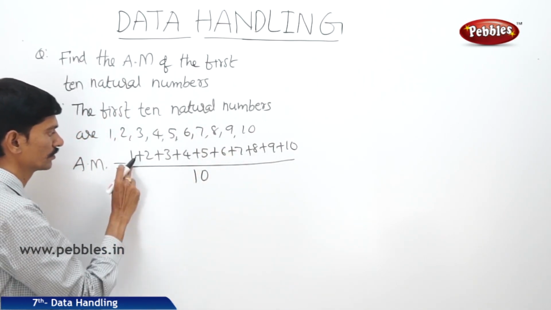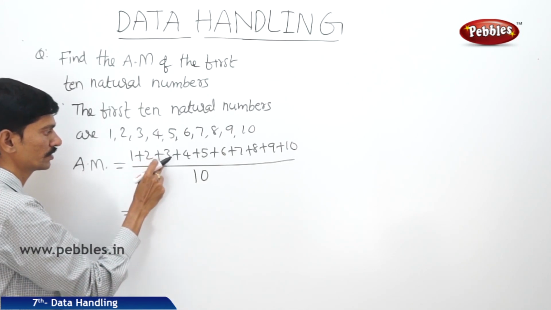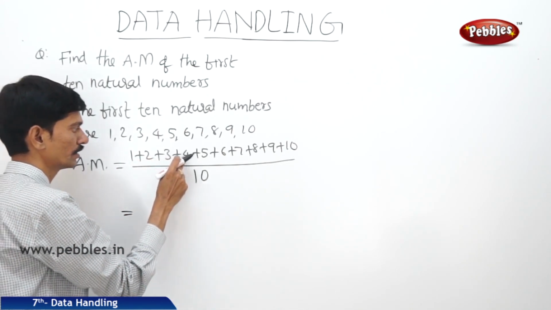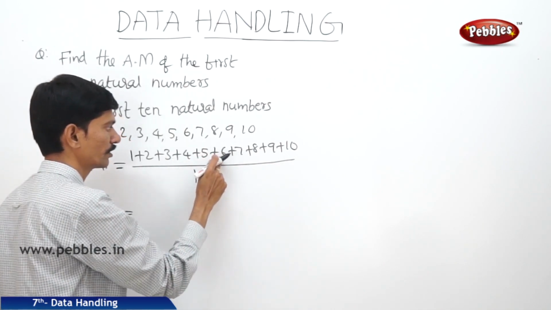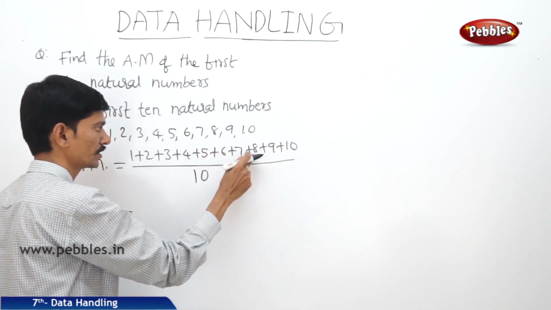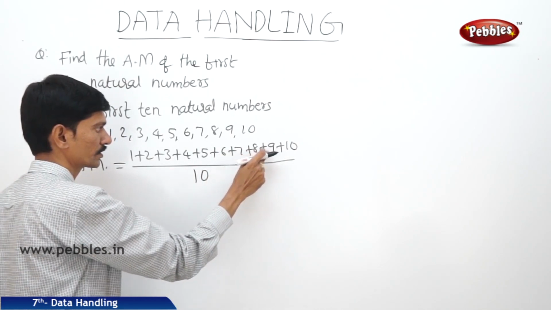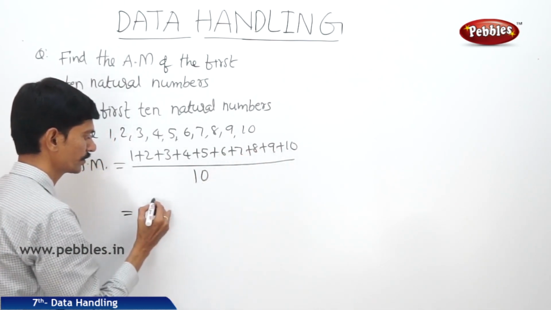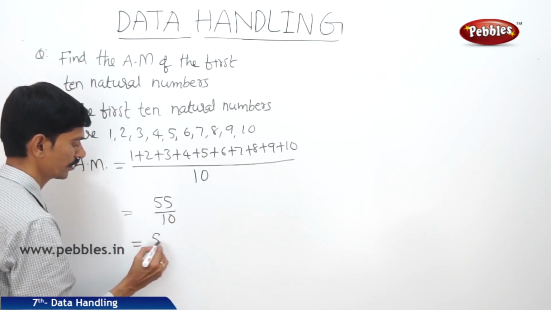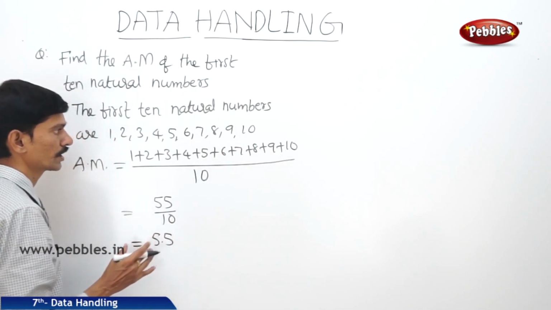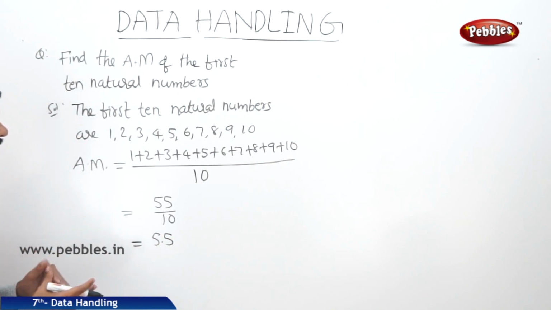Now this equals 1 plus 2, 3, 3 plus 3, 6, 6 plus 4, 10, 10 plus 5, 15, 15 plus 6, 21, 21 plus 7, 28, 28 plus 8, 36, 36 plus 9, 45, plus 10, 55, divided by 10. So this equals 5.5. So the arithmetic mean of the first 10 natural numbers is 5.5.